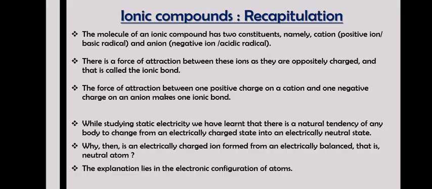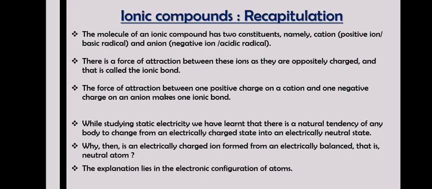So let us recapitulate what are ionic compounds, okay. Now the molecule of an ionic compound has two constituents, namely cation, that is positive ion or basic radical, and anion, that is negative ion or acidic radical.